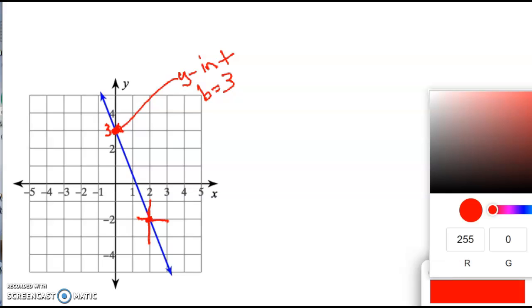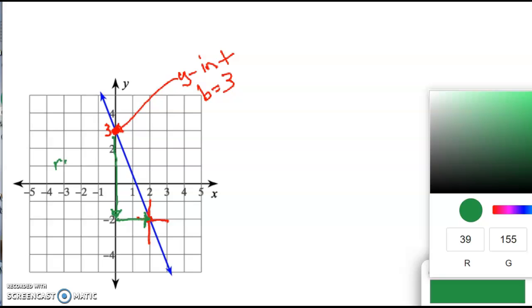Okay. Now that we figured out the 2 points, we can figure out the slope by drawing the arrow going down to the point. To get there, we went down by 1, 2, 3, 4, 5.